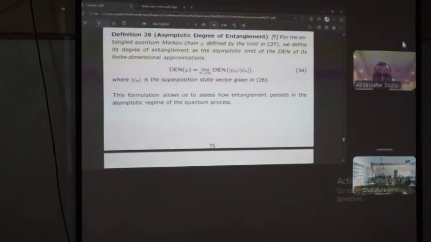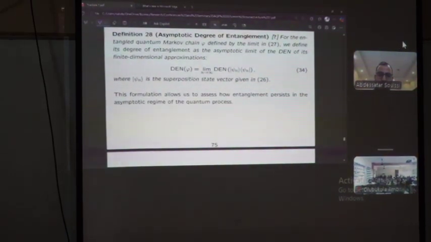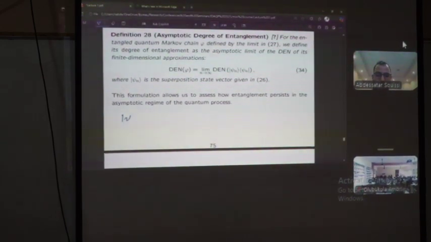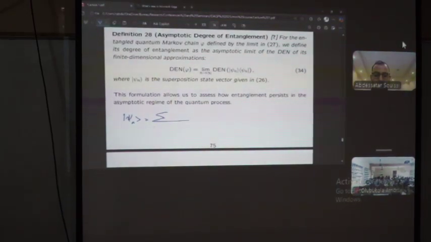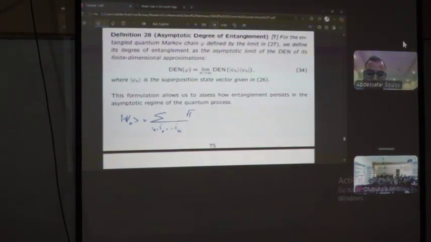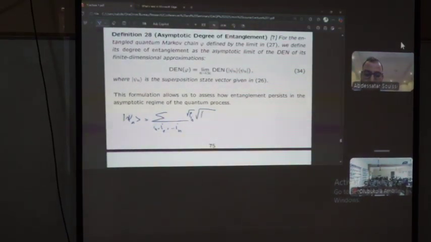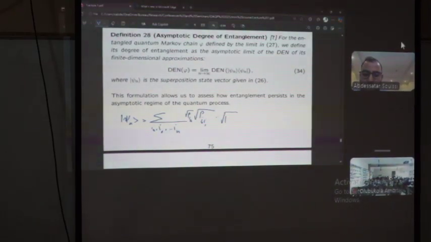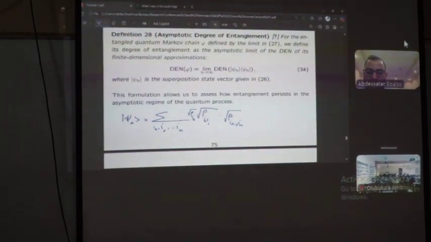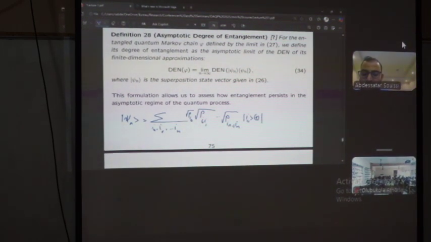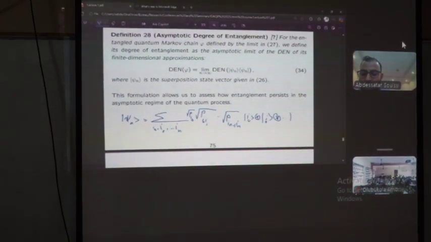Here, as we defined before, psi n is the superposition state given by the formula: the square root of lambda 0, times the vector i0, and so on, up to the square root of lambda n minus 1, times the vector i n minus 1 in.